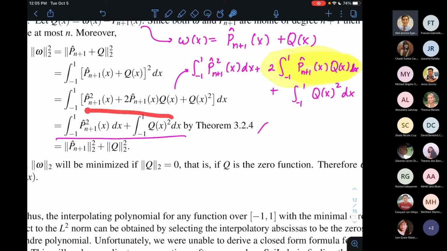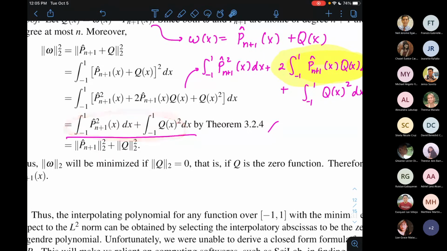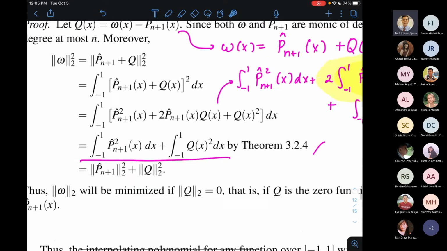Right? And remember, we want to minimize this guy. All right? So, kailan natin mami-minimize ito? Because if we are able to minimize this guy, we will be able to minimize omega. Okay? So, any suggestion why? How?